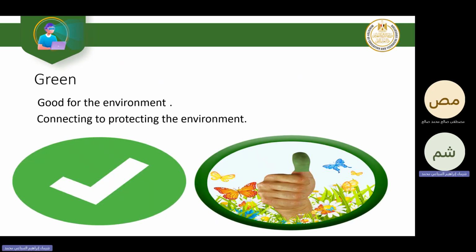Then we have the word green. Yes, it's a color, of course. But green becomes a symbol of protection and a symbol of something which is good for the environment. So green here means good for the environment, and it is connecting to protecting the environment.